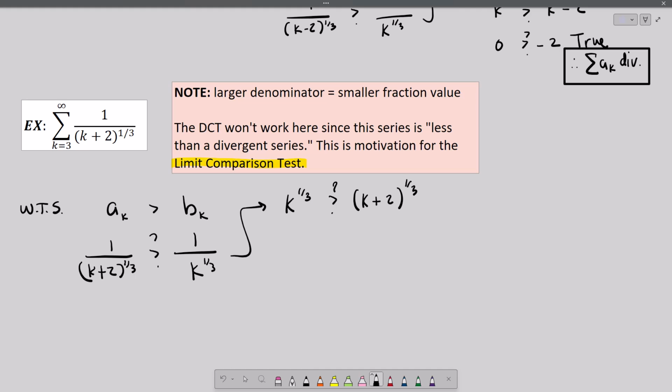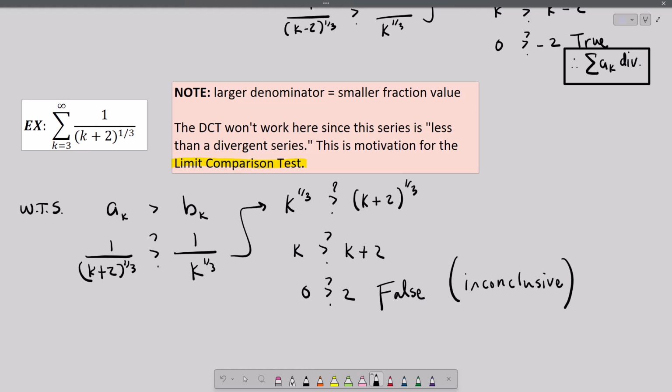Raise both sides to the third power, and we end up with this. Subtract the k's. 0 greater than 2? False. So again, that means that this test is inconclusive. And if this test is inconclusive, then we go to the thing that we're going to talk about in a minute called the limit comparison test.